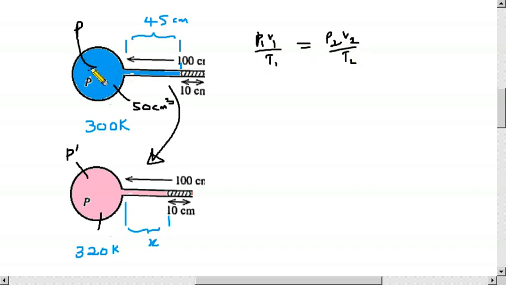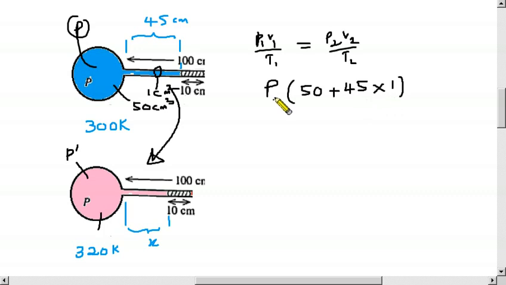So this one, the pressure P1 is P, V1 is this 50 cubic centimeter and the volume of this air column. So therefore in brackets 50 plus the length is 45, length times the cross sectional area, it is 1 square centimeter.